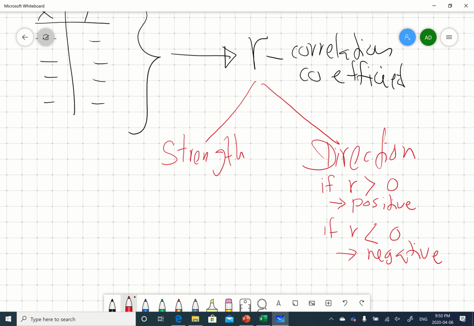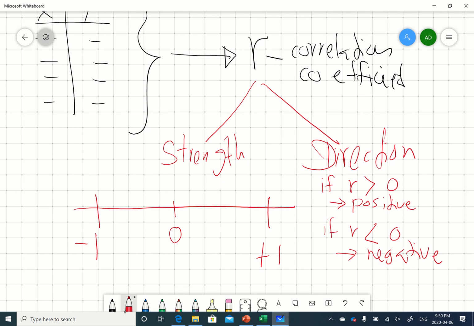And the strength is based on where the value is. So basically you drop the sign, you forget about whether it's positive or negative, you just focus on the magnitude. So this R value can vary between -1 and +1. Once again, R can vary between -1 and +1.